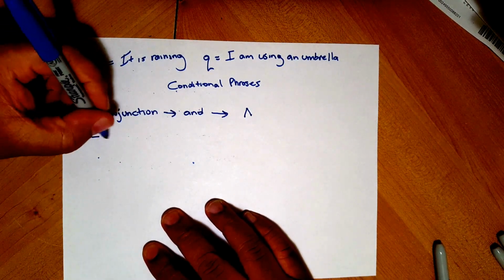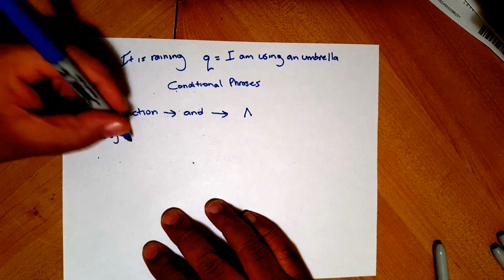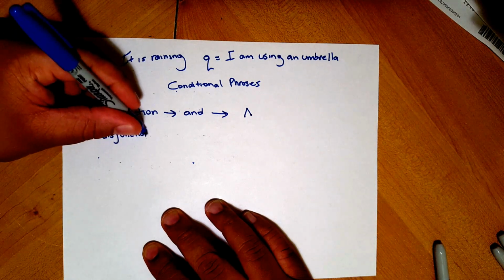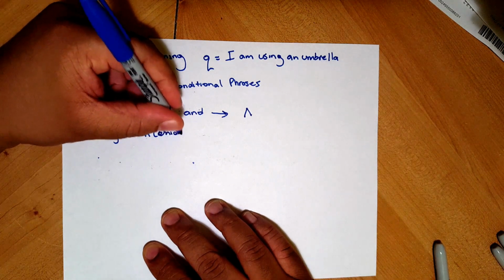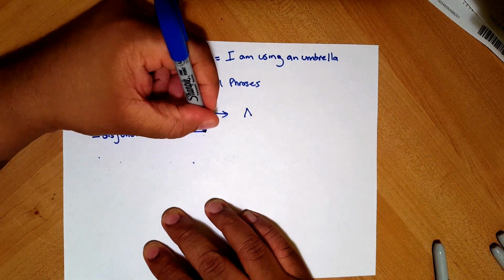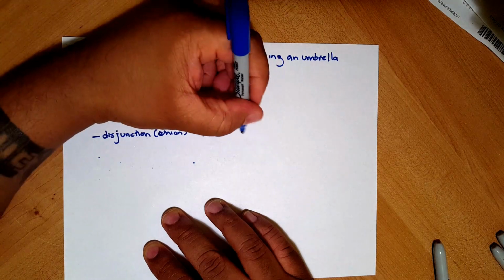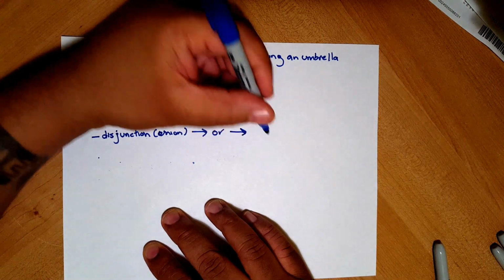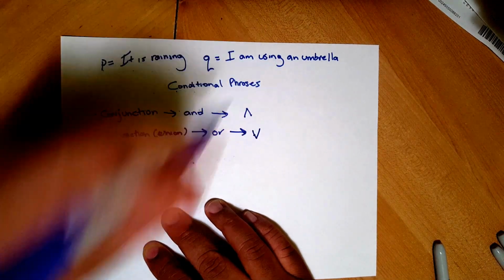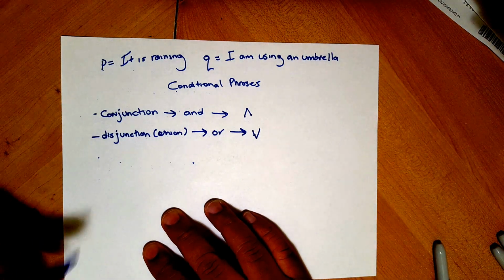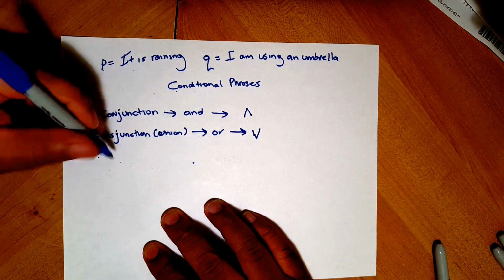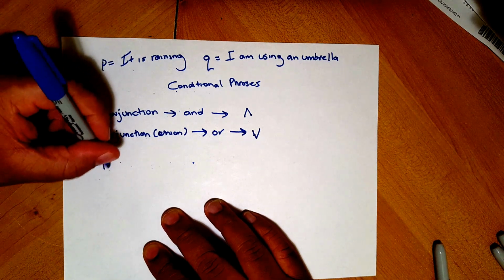Disjunction, or union, as we can say, means or, and we describe it with a V or upside down caret. The next is if then.